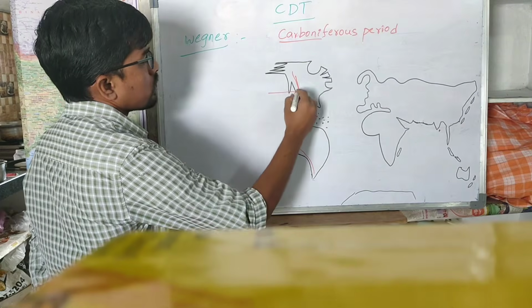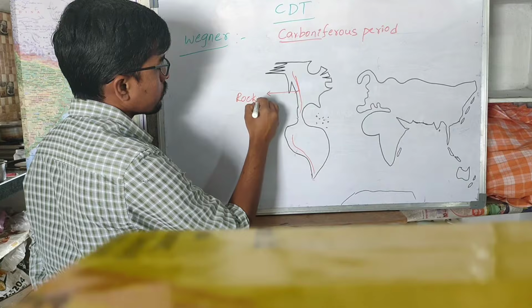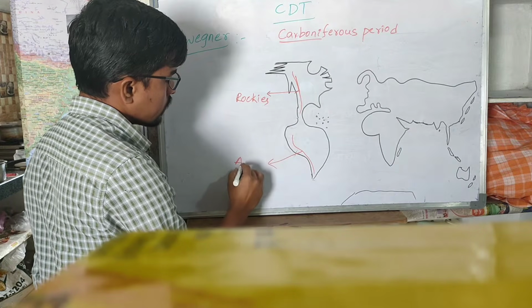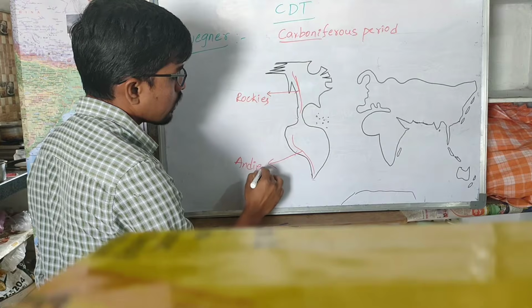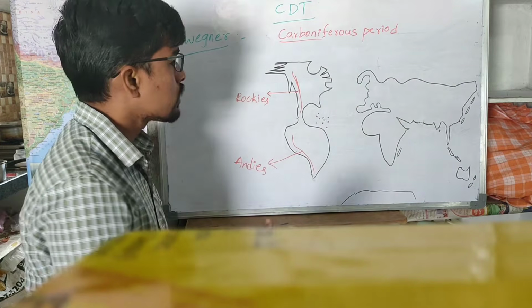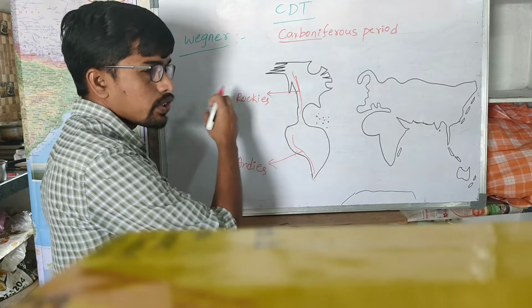What are those? The Rockies and the Andes. These are the two huge mountain ranges formed because there was a crumbling between the continental crust and the oceanic crust.